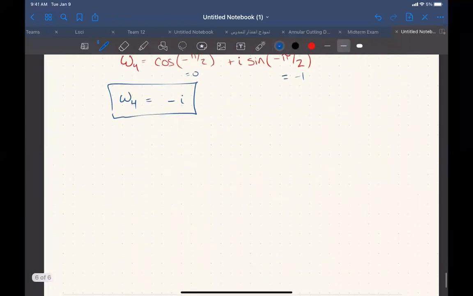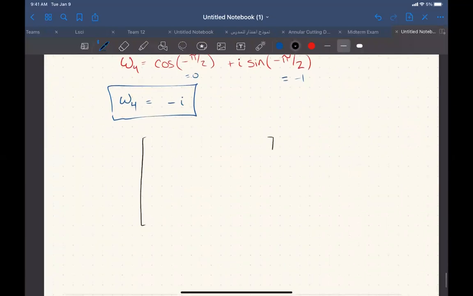Our DFT matrix will be 4 by 4. Remember, we have j here and k here. So j will start with 0 and go to 3. It's n minus 1. N is 4, n minus 1 is 3. And k will be the same: 0, 1, 2, 3.